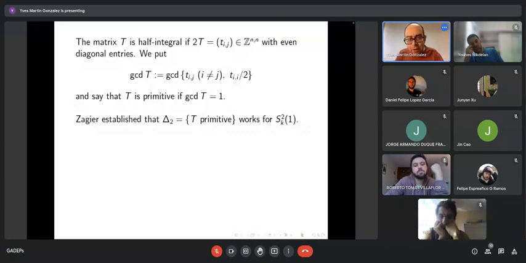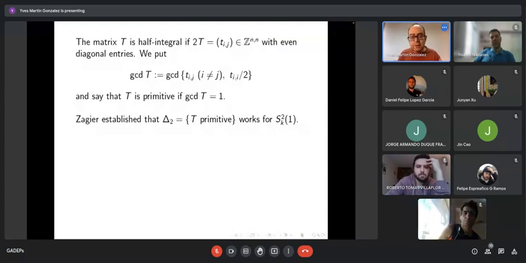If you take the set of primitive 2 by 2 half integral positive definite matrices T, then this is a good set in the sense that if you have two Siegel cusp forms for Gamma 2, and if you look at the coefficients indexed by this type of matrices, then you can distinguish the Siegel cusp forms.